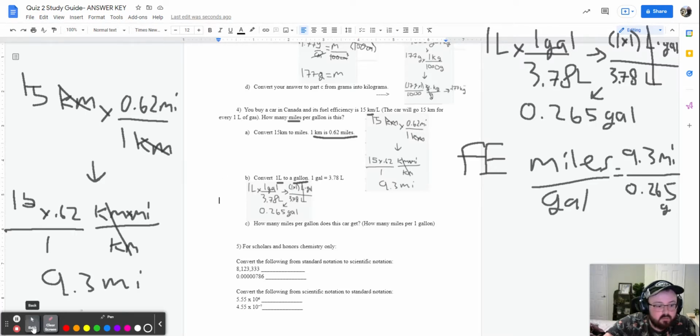I can write over here. We're squeezed in. Right? Again, take this to the calculator. This is division sign. 9.3 divided by 0.265. Write that in. Calculate that. I'm just going to take 2 decimal places for this. 35.09 miles per gallon.